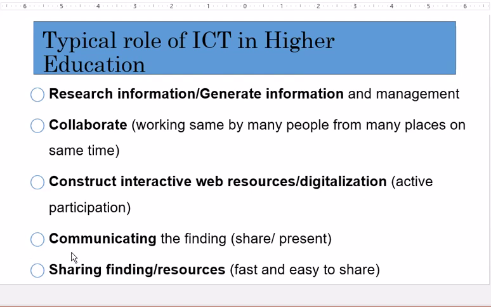Then also ICT in higher education is a true means for communication. If you look at that, communication is one of the means by which we share and present our understanding and get to understand others. So the communication skill is so important.